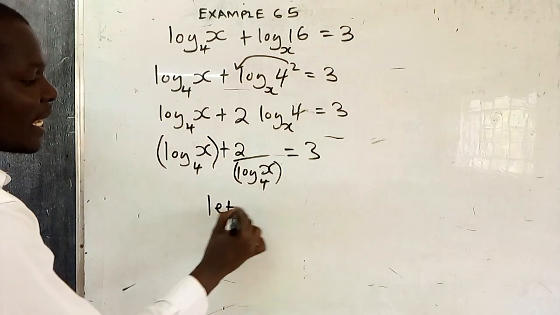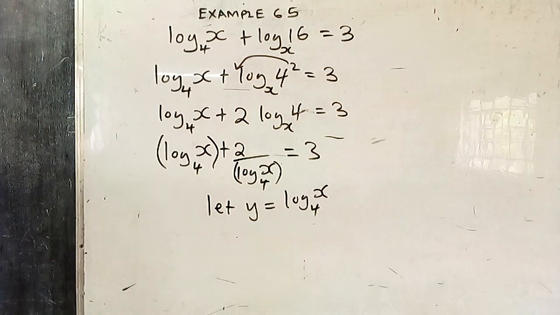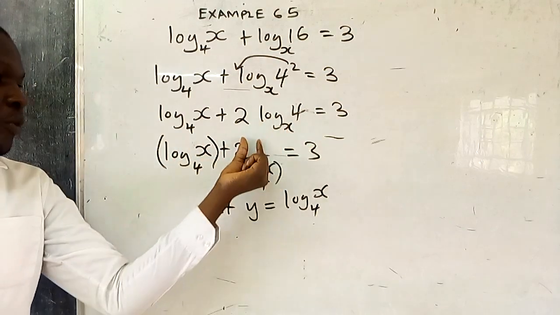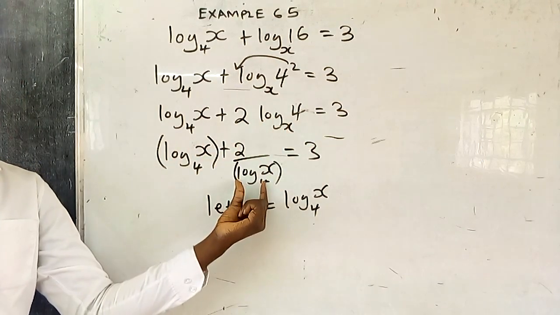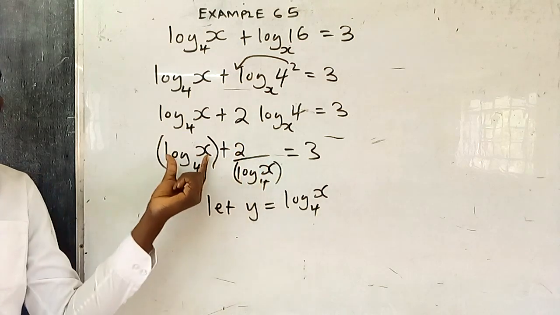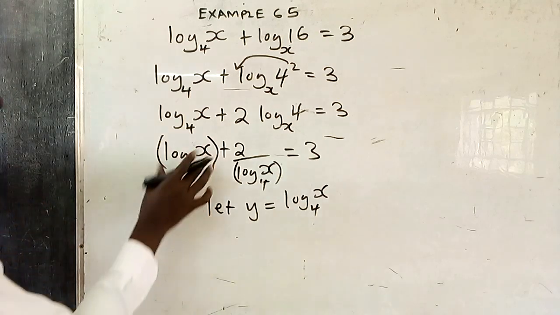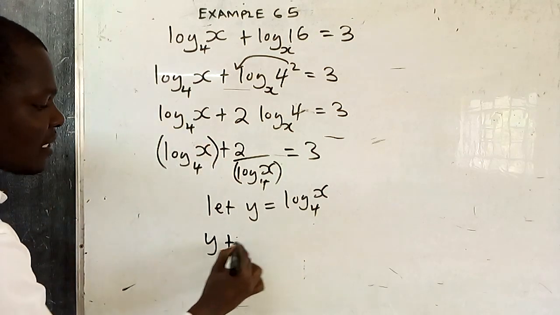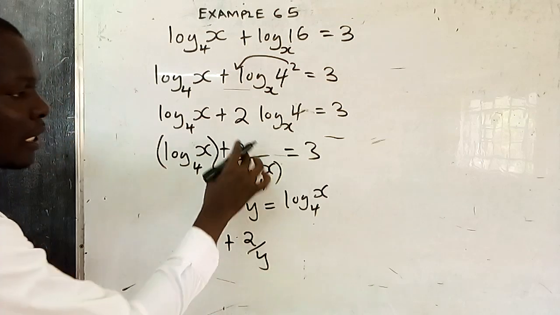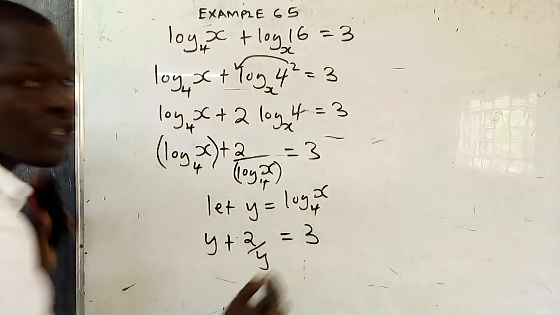So you can now say let y be log x to base 4, because we cannot use the laws of logarithm because of division, isn't it? Are we together? We cannot use laws of logarithm because of division. So we let log x to base 4 be y, isn't it? If we let it be y, we now have y plus 2 over y equal to 3.